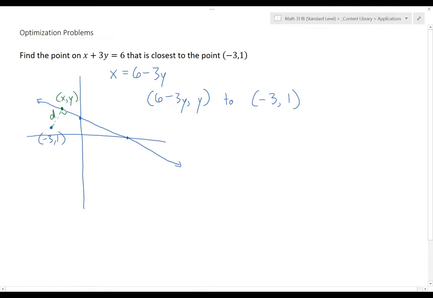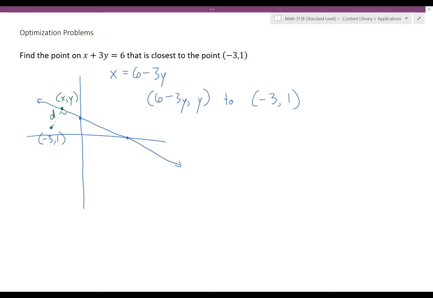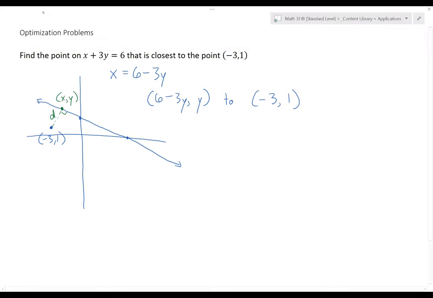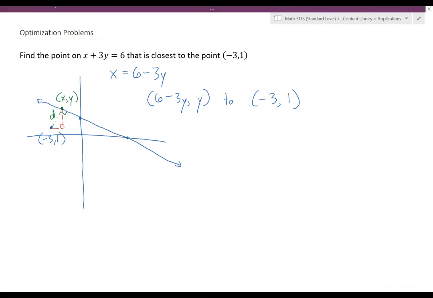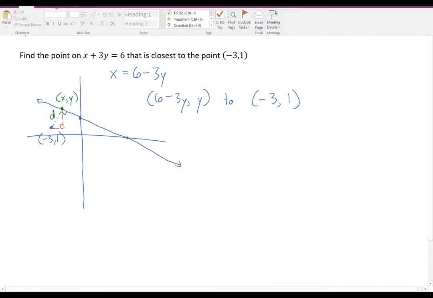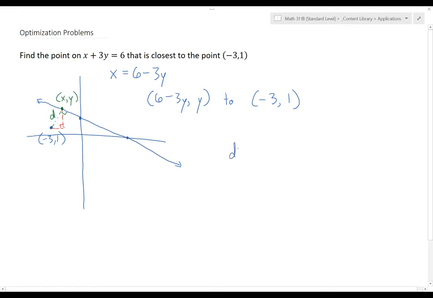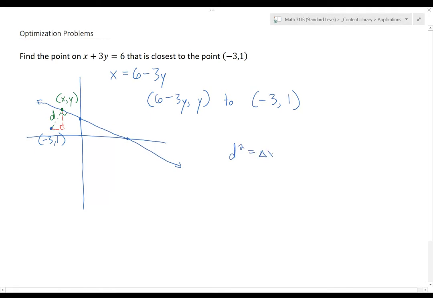The distance formula uses a square root and so on, and I don't want a more complicated equation than it needs to be. So instead of using the distance formula with the square root, I'm just going to use the Pythagorean theorem. There is some vertical distance between these 2 points and there is some horizontal distance between these 2 points, and that creates a right triangle. So said quite generally, d squared equals delta x squared plus delta y squared.